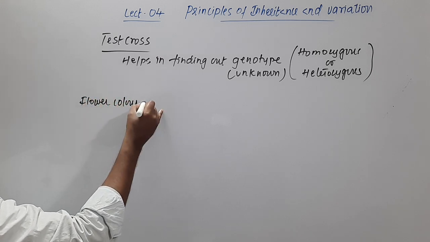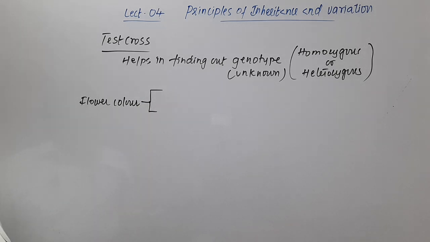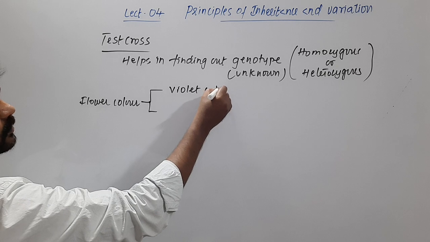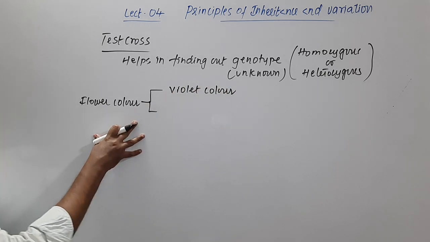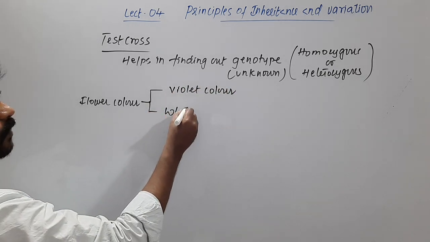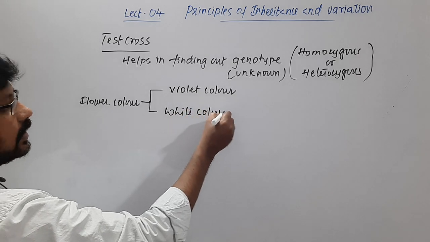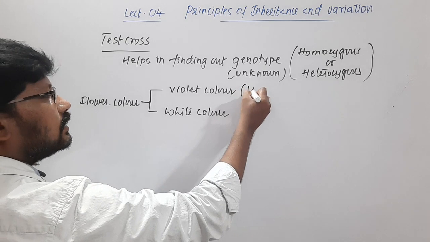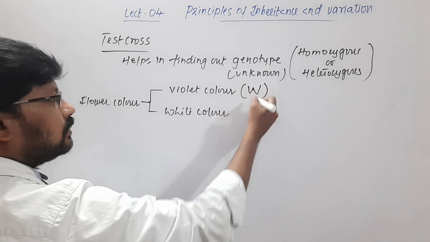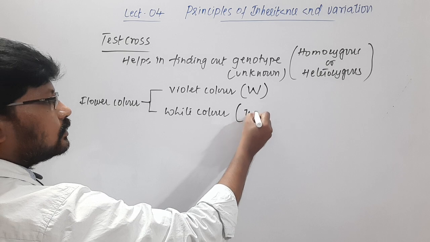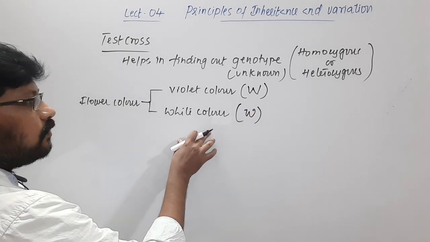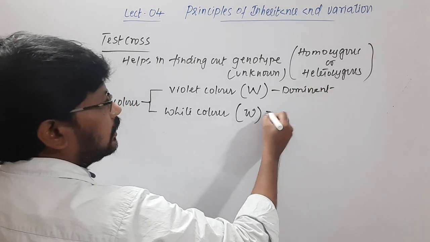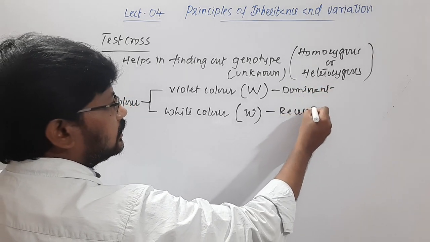We know that in the pea plant, the violet color of the flower is dominant and white color is recessive. For this, I'm going to take capital W for violet color and small w for white color. So this is dominant and this is recessive.